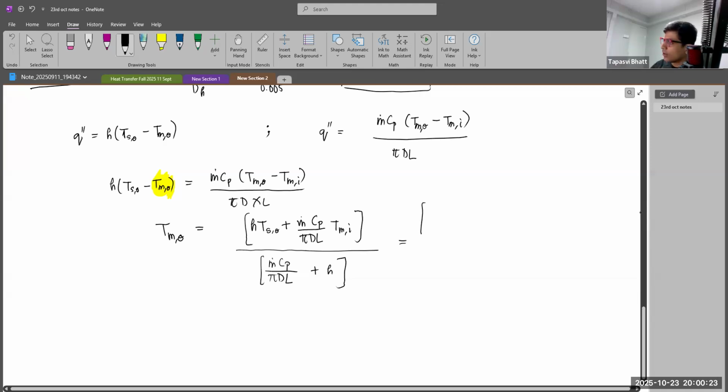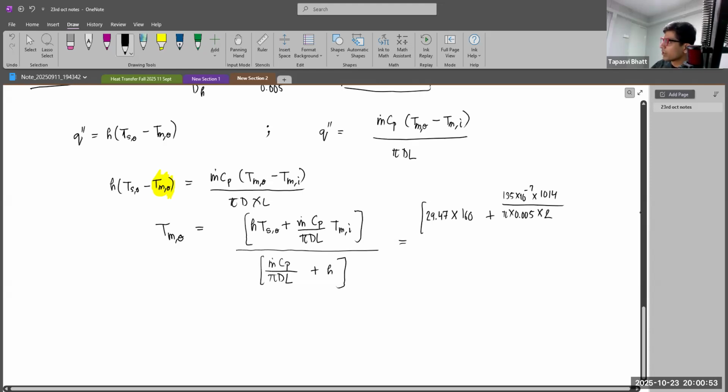For this, how much is h? 29.47 times what is Ts outlet? It has been given as 160 degrees Celsius, right? Plus what is m dot? m dot is 135 times 10 to the power minus 7 times 1014, I think, yes, over pi times 0.005 times what is the length?